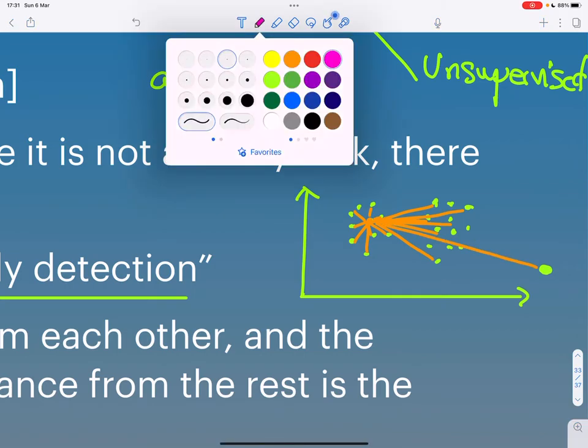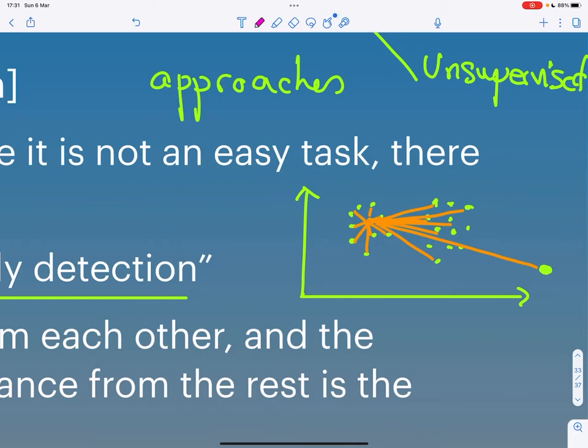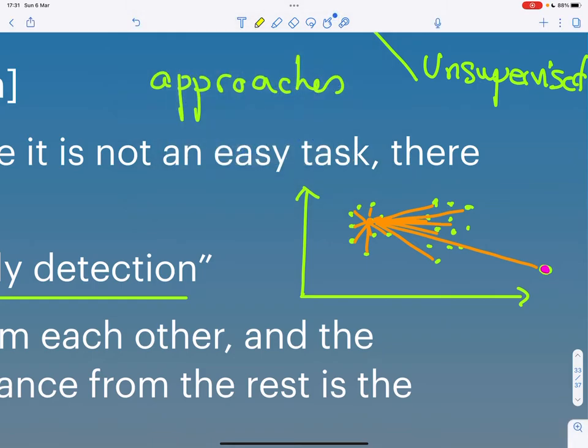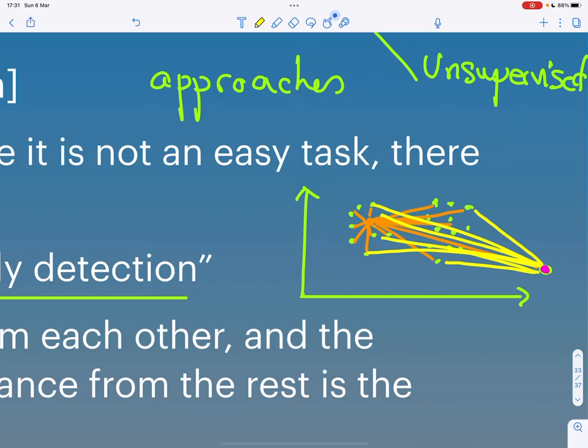What about the one that I colored in purple? Well, the distances of that one would be like this. And you can see that if you average all distances, this one would have a way higher average distance to other points.